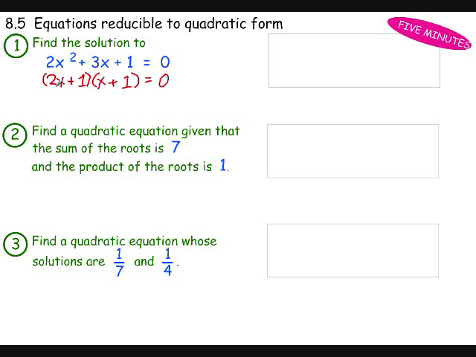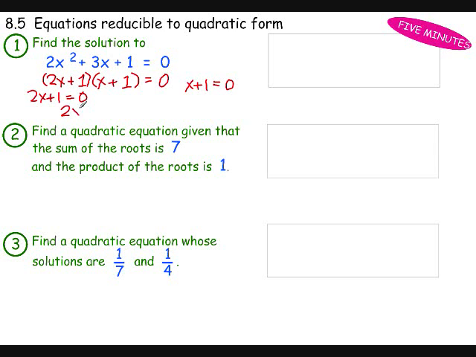The only thing left for us to check is the middle term. Does it work? We go to the outside: 2x times 1 is 2x, and 1 times x is 1x. 2x plus 1x is a positive 3x. That checks. So we're going to do our mini equations: 2x plus 1 equals 0 for this factor, and x plus 1 equals 0 for the other one.